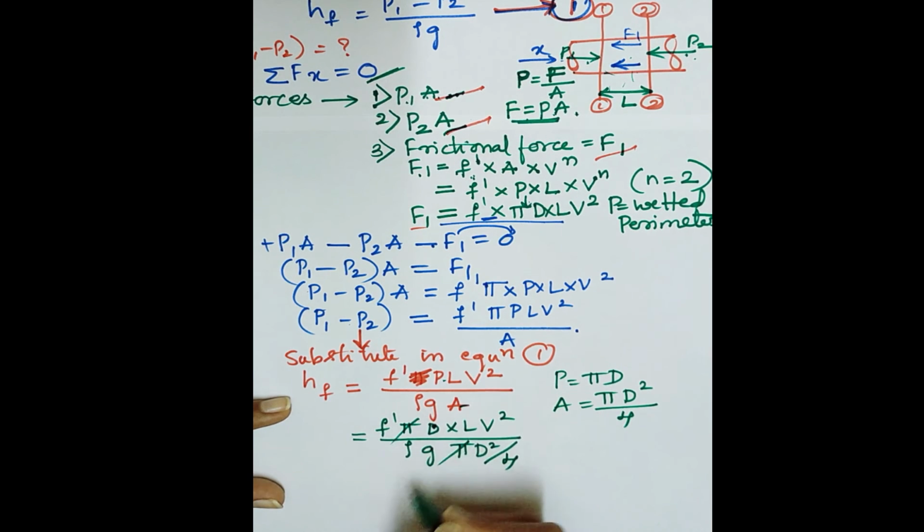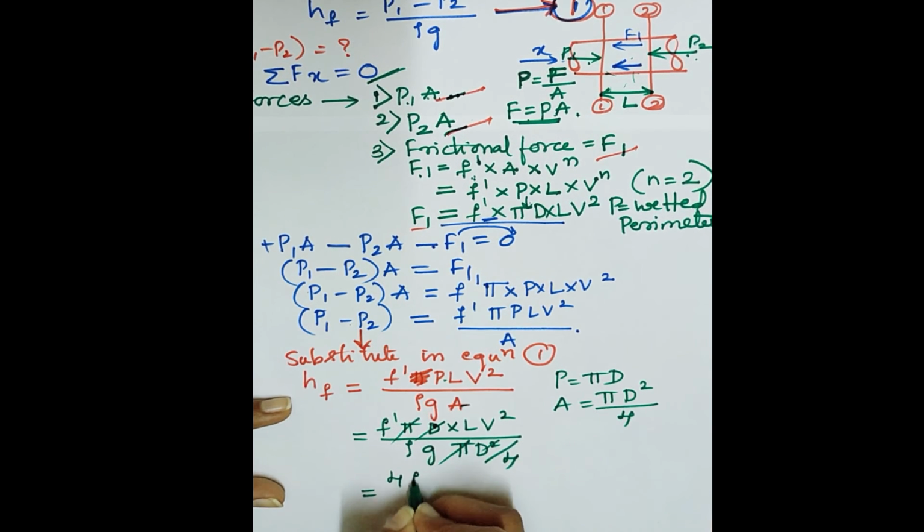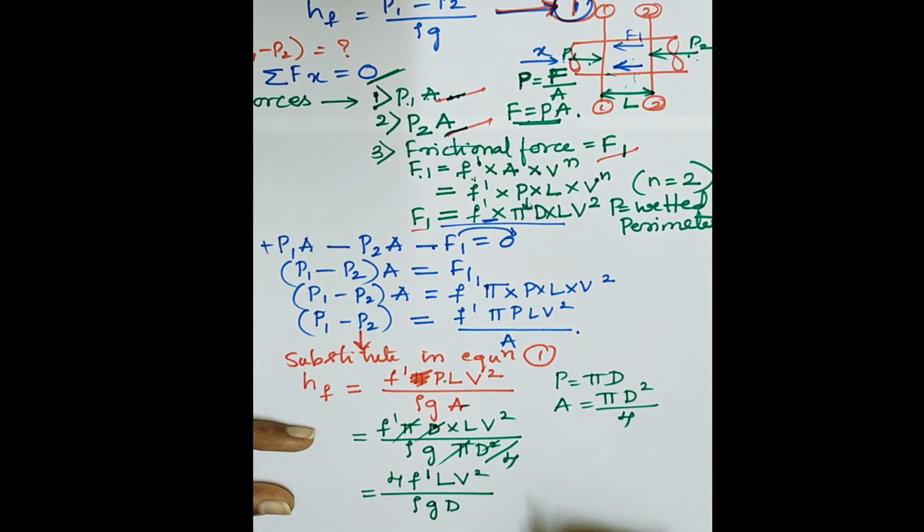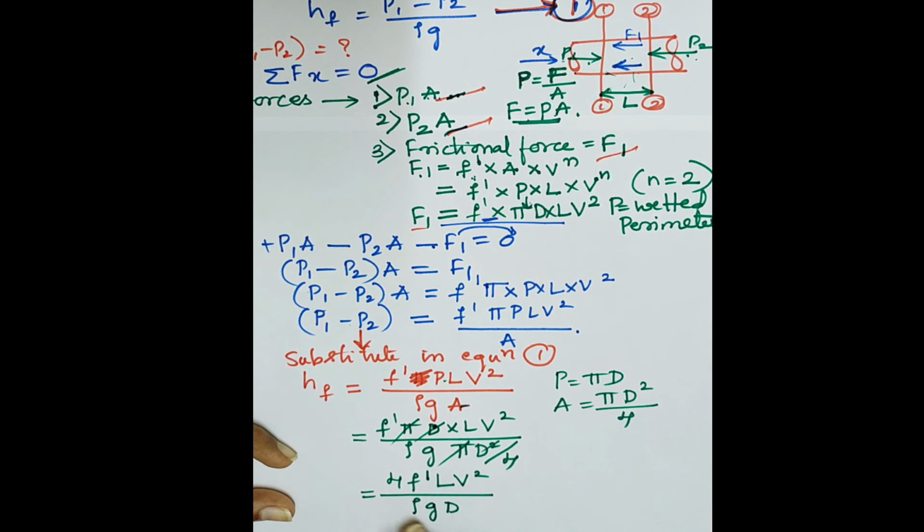So pi will get cancelled, D will get cancelled. So you will get 4 F dash L V square divided by rho G D. So you will get the equation HF is equal to 4 F dash L V square divided by rho G D.